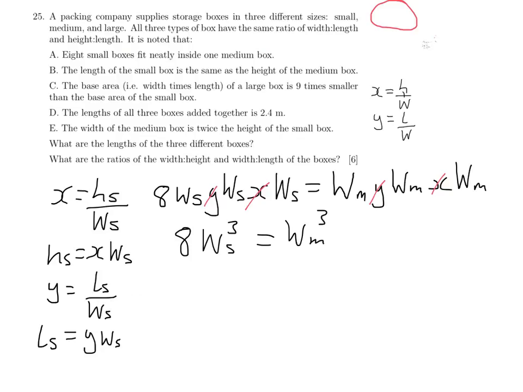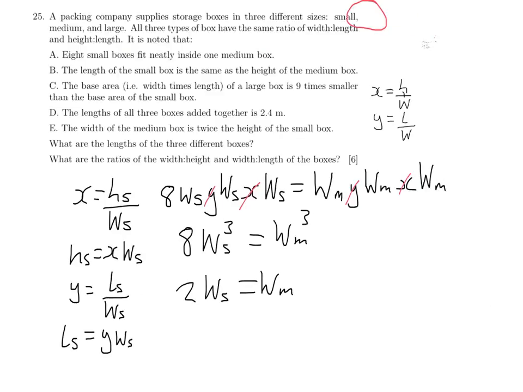If we take cube roots of both sides, then the cube root of 8 is 2. So we find that the width of the small box is 2 times the width of the medium box.